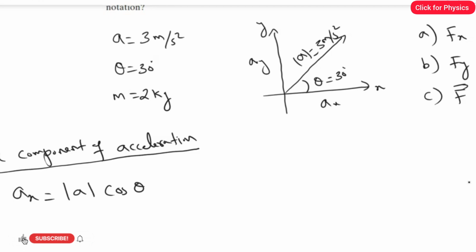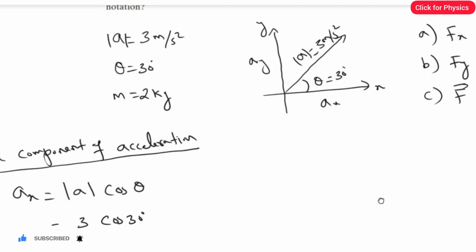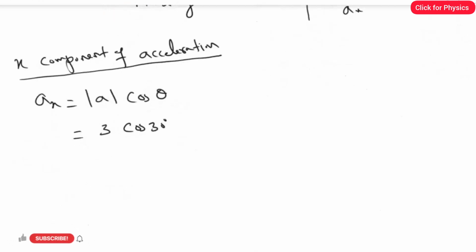Here the magnitude is given as 3 meters per second square. So I substitute the value: 3 multiplied by cosine of 30 degrees. Here I got the x component of the acceleration as 2.598, and the unit is meters per second square.